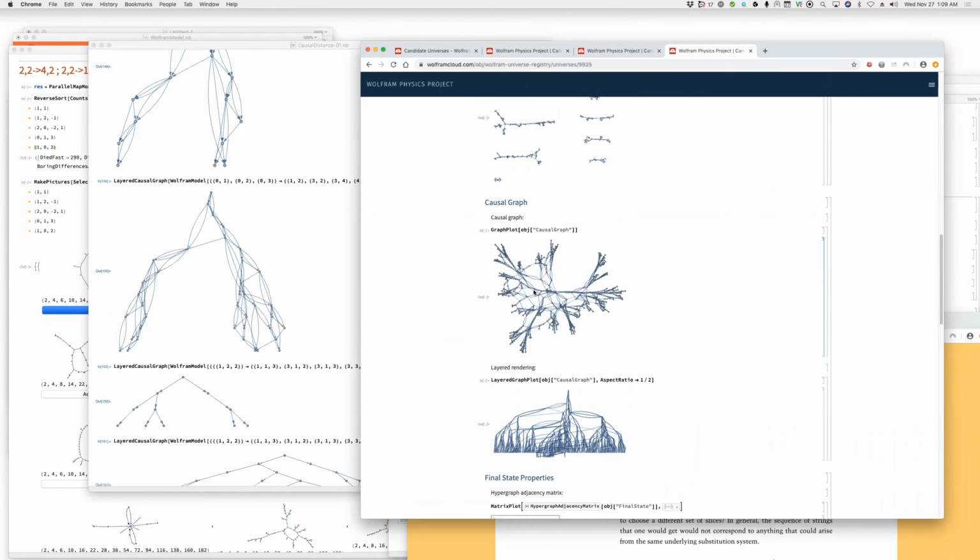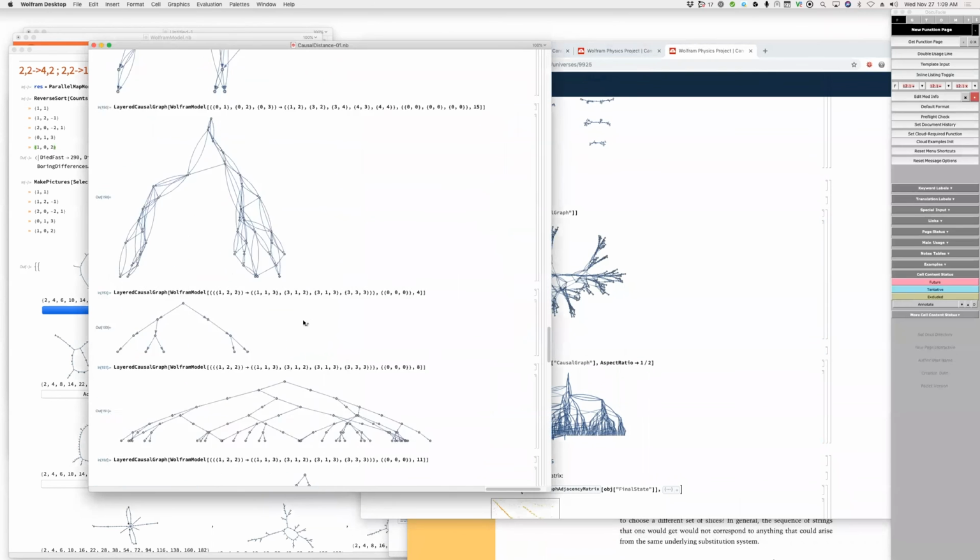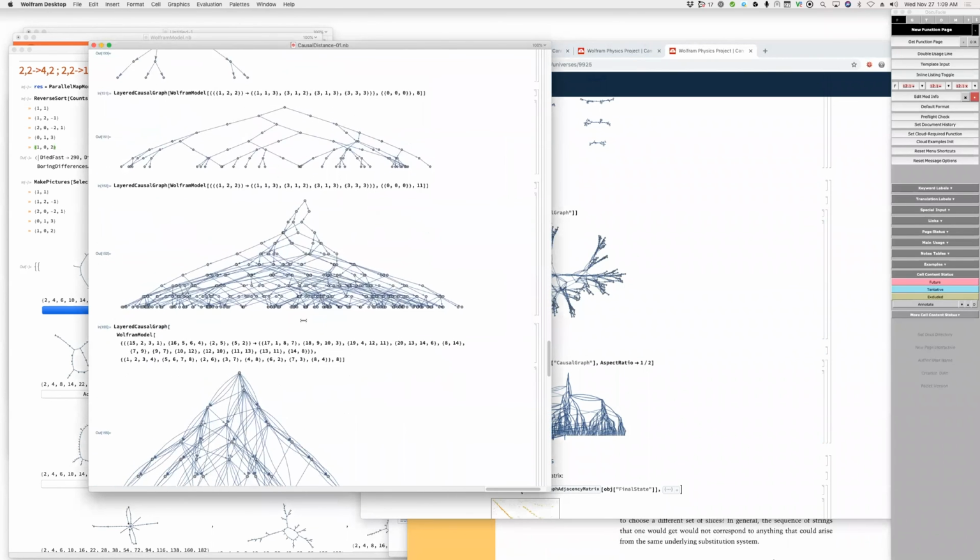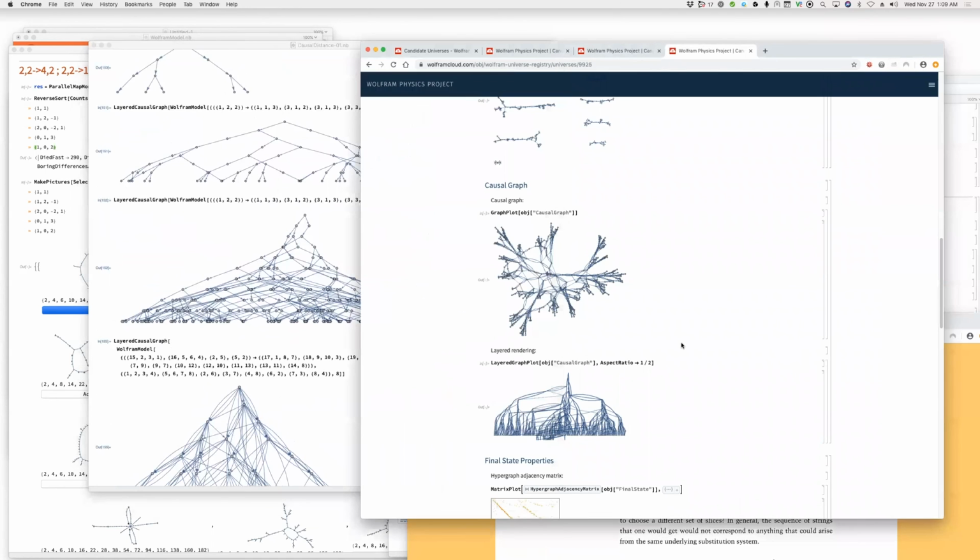I don't think that's completely useless. Nor do I think, I mean, I don't know what the difference is between this layered graph plot and, yeah, we need to understand these different kinds of plots.